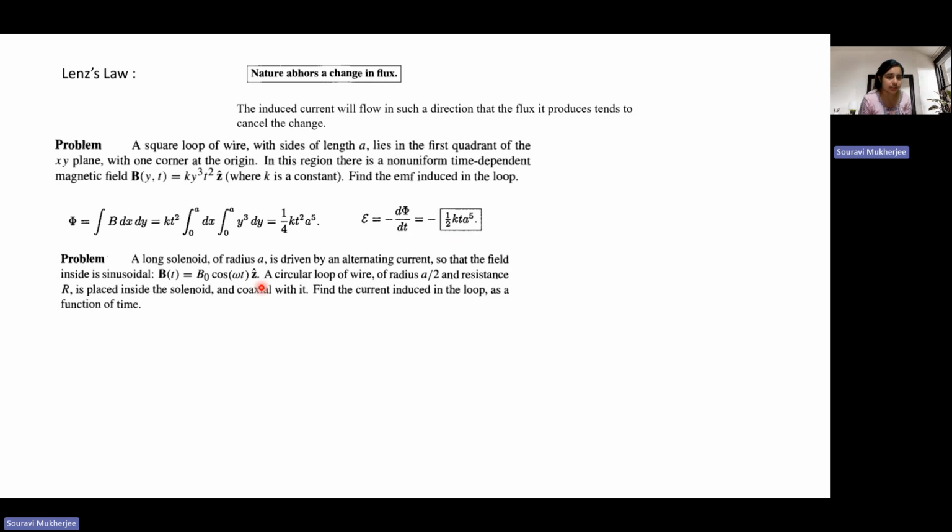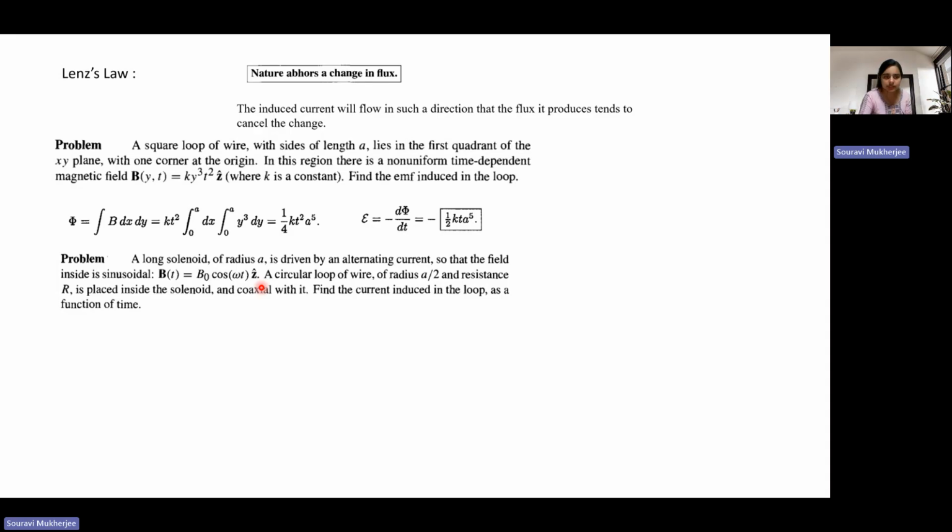So the field is changing with time, and you have a circular loop of a given radius, and the resistance of the loop is also given, and it is placed somewhere inside the coil. So it's placed in a region of non-zero magnetic field, and the magnetic field is changing with time, which again tells us that the flux is changing with time. So we have to find the rate of change of flux, and that would give us the EMF.